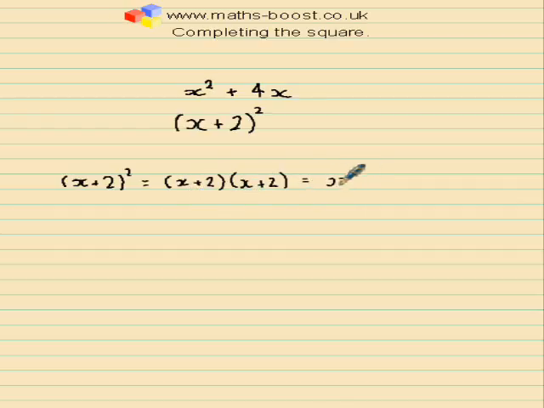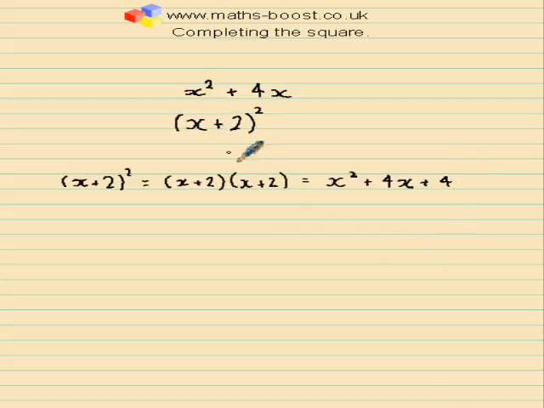x squared plus 2x plus another 2x to give me plus 4x. So far so good. But then I've got this last step, which is plus 4.